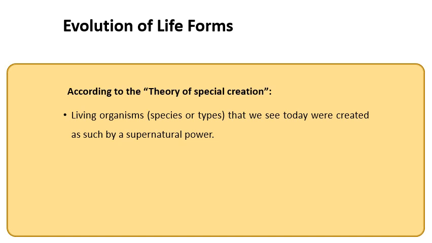This theory was proposed by a monk named Sudras. According to him, the entire world was created by the supernatural power, that is God, and the whole world originated within 6 days.